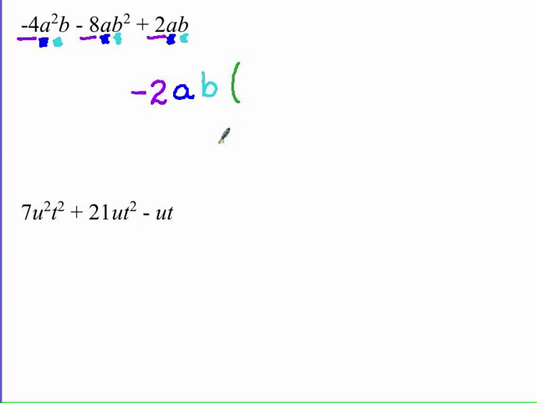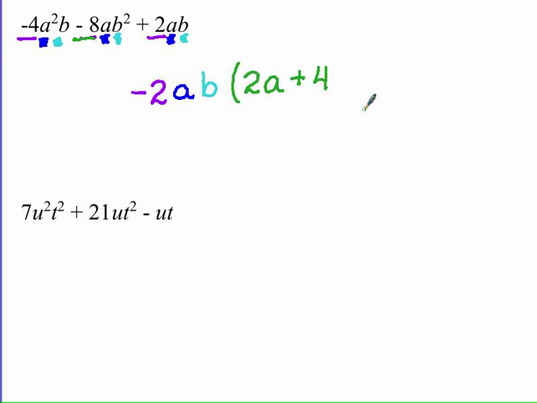So now, I need to think to myself, negative 2 times what number will give me negative 4? 2. I have an a, but I need another a. And I have a b. Do I need another b? No. So now I need to think negative 2 times what number will give me negative 8? 4.